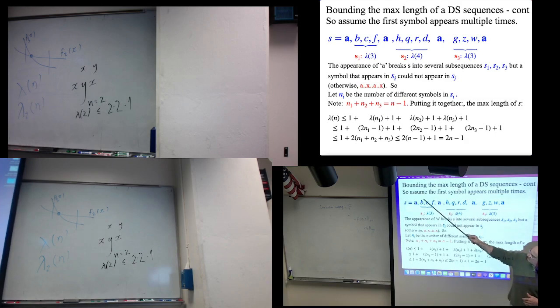Or in general, the characters that appear in this subsequence, I'll call this subsequence S1, these characters are different than the characters that appear here, and for the same reason they are all different than the characters that appear here. This set of characters is different than this set of characters is different than this set of characters.